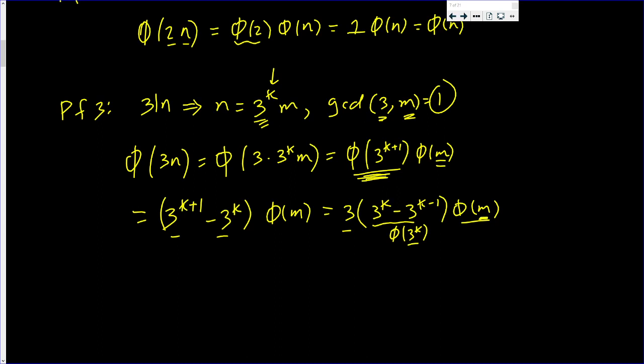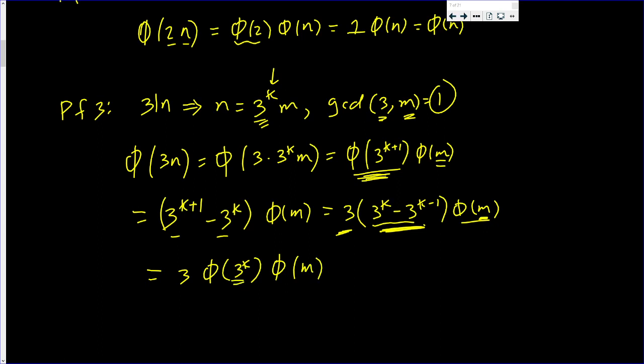And it is. Phi of 3 to the k is always that same number minus 1 less in the power. So what we have is this 3 times this, which is phi of 3 to the k times phi of m.